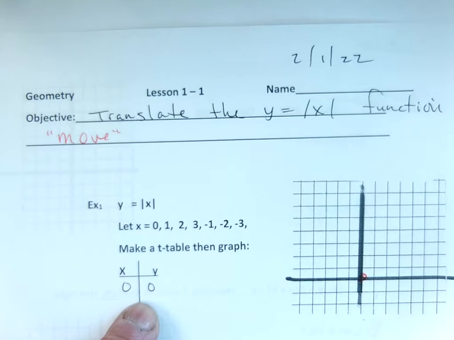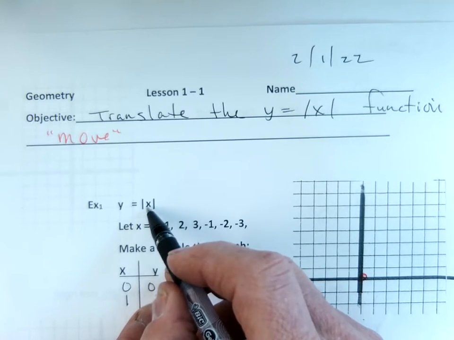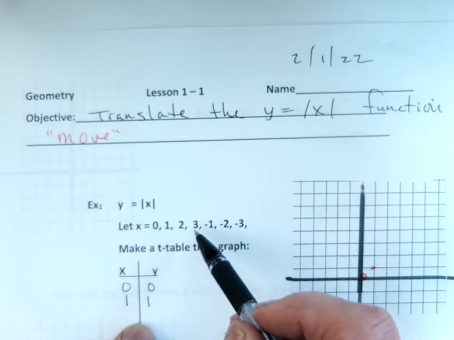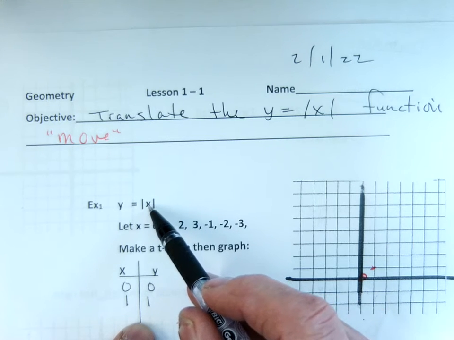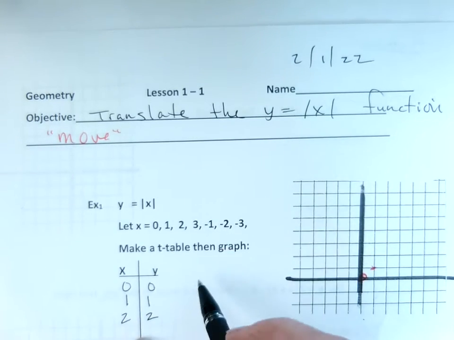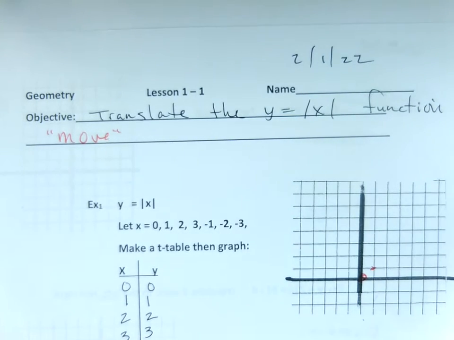If I let the x value be 1, the absolute value of 1 is 1, so I'd have another point at (1, 1) on my graph. I missed the 2. Plug in 2 and I'd get 2. Plug in 3 and I'd get 3, and so I have these four points.